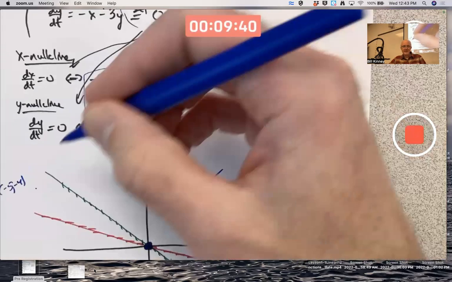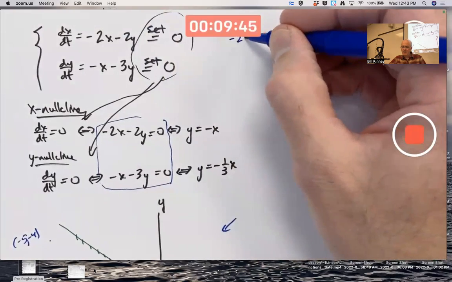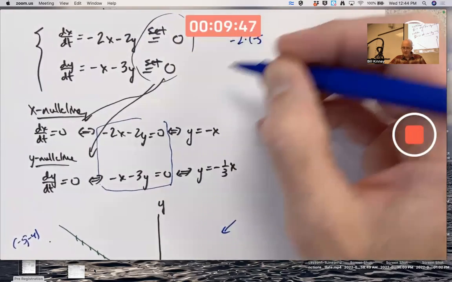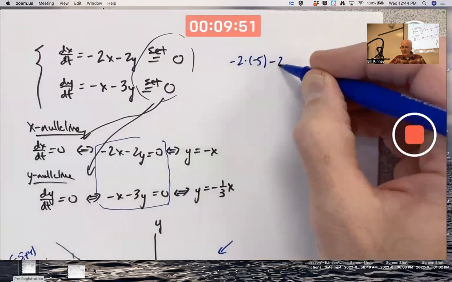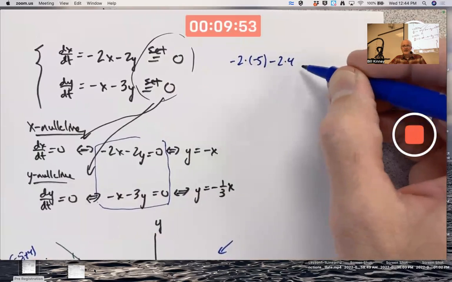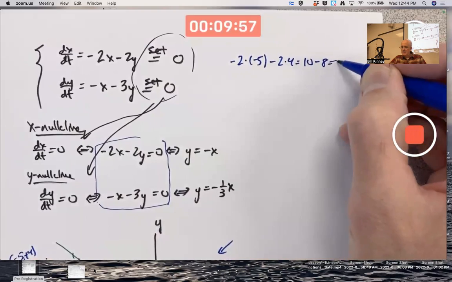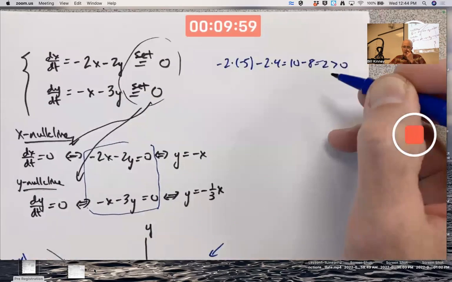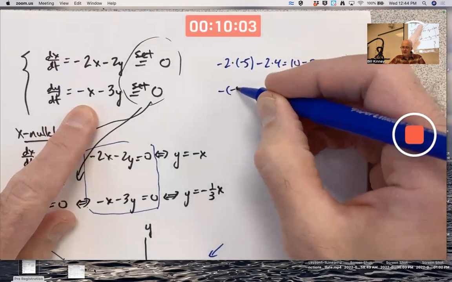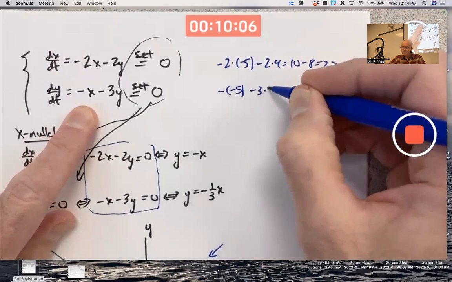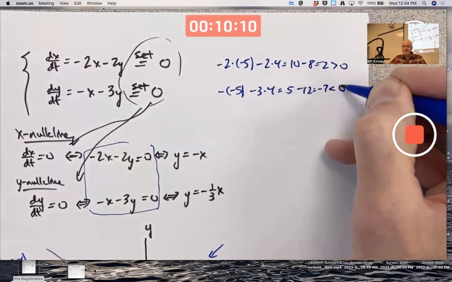If you imagine plugging that point into the right-hand side, so x equals -5 and y equals +4, dx/dt is 10 minus 8, which is 2, positive. And dy/dt, the right-hand side, is negative of -5 minus 3 times 4, which is 5 minus 12, negative.